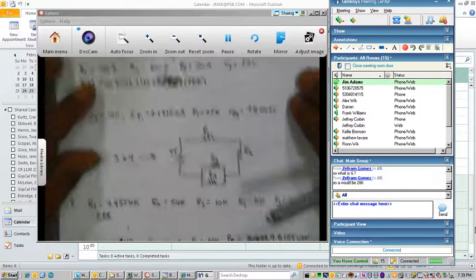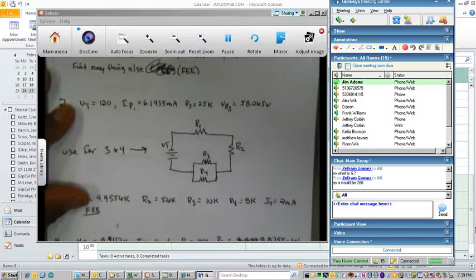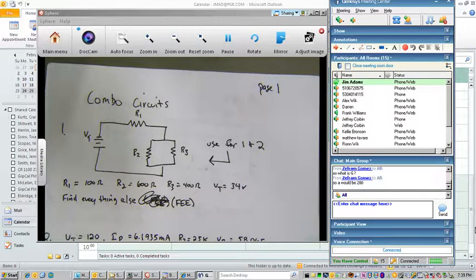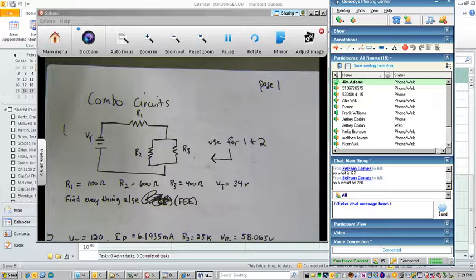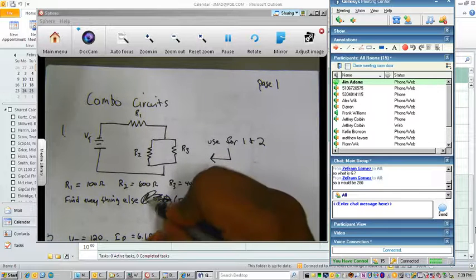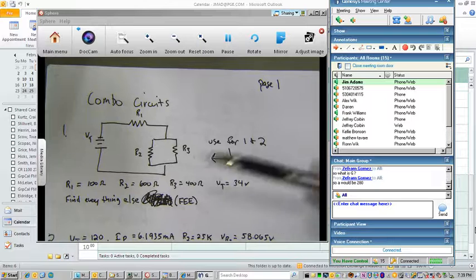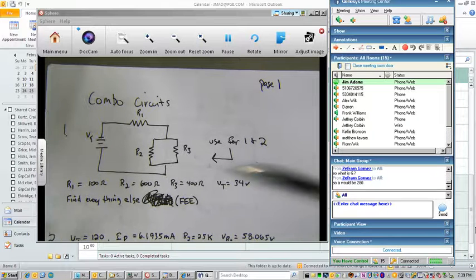Because fuses protect from overcurrent. So when something shorts out, it means you have a low resistance, which means current's going to increase, and the fuse needs to blow. If the fuse did not blow, then R1 and R3 would probably burn up. Okay. Cool.